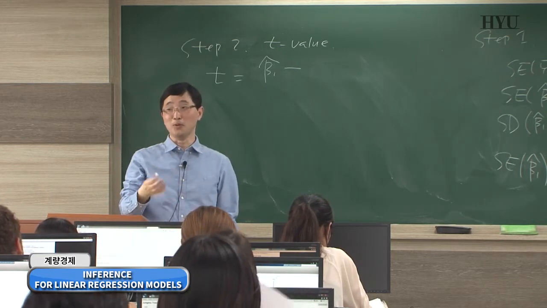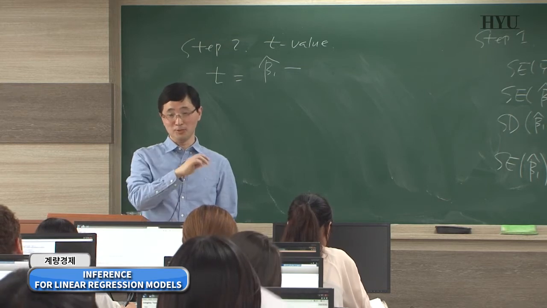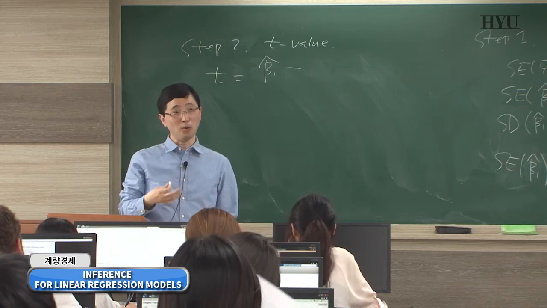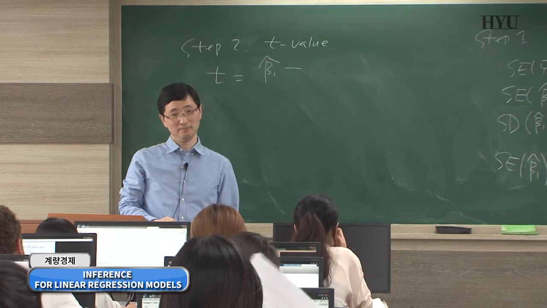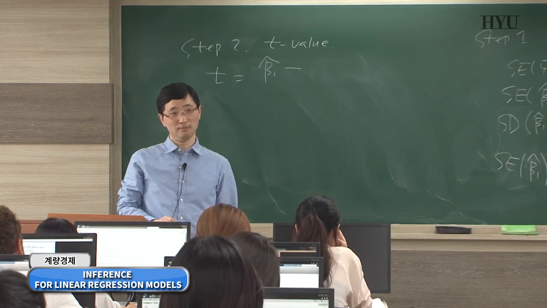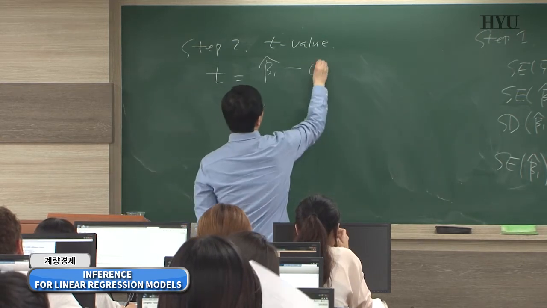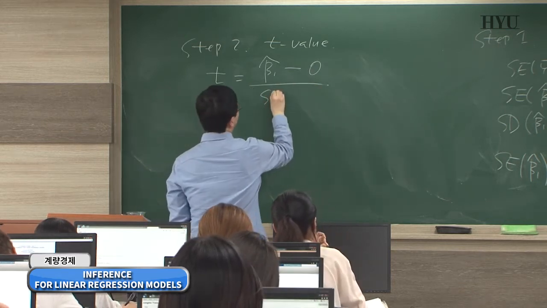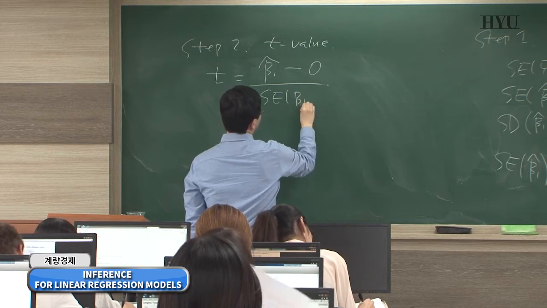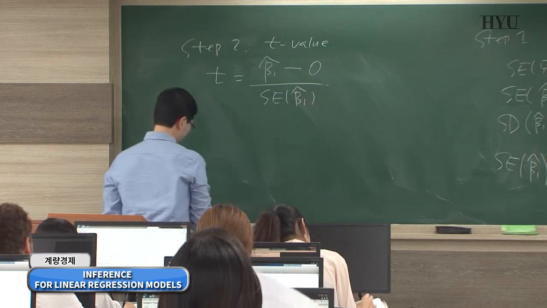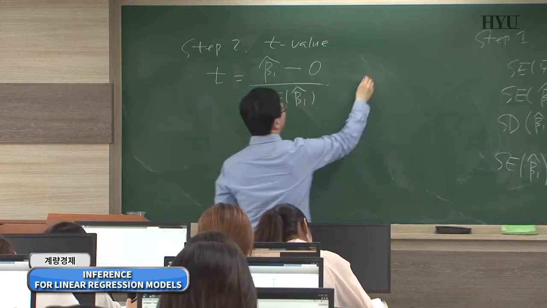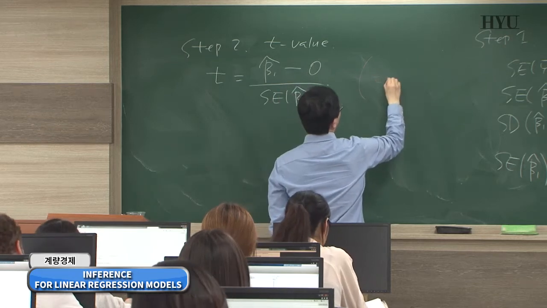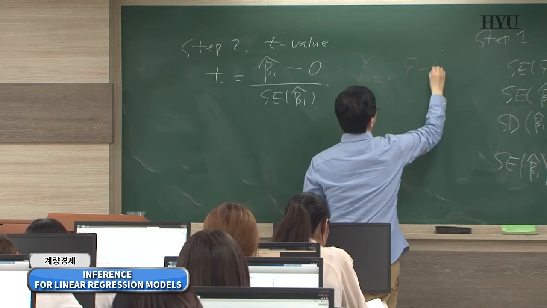It's like mu under the null, right? In chapter 3. So what is beta 1 under the null? What does the null say? 0. And it is divided by the standard error of beta 1 hat, right?